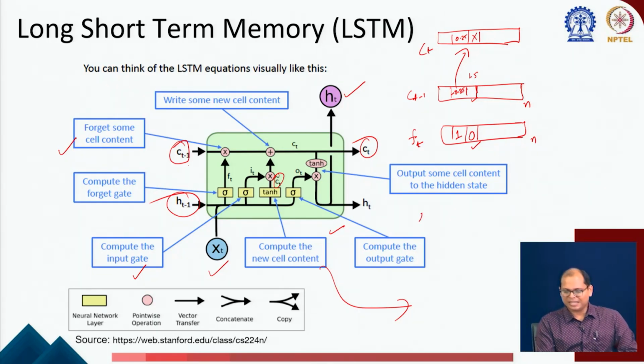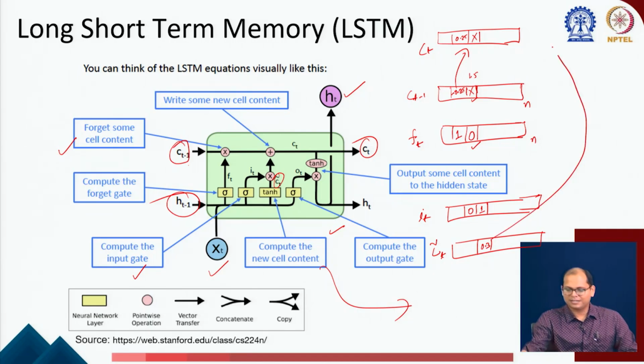So again IT will be like a gate and you can just visualize them as 0s and 1s. Here, suppose it was 0 and let us say it was 1. So what will this do? You have anyway erased this information, but now you will write whatever came in C tilde, whatever new information came in. So 0.3 will get written in CT, the new information.